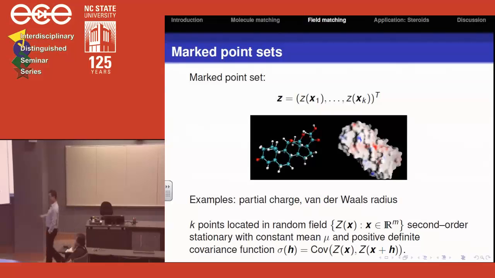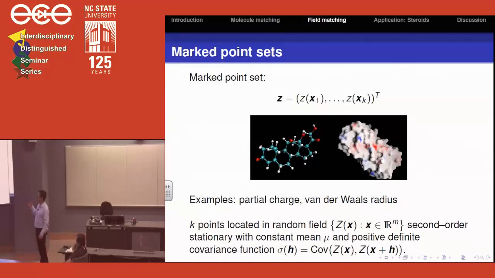is where it's the same problem, but the points now are regarded as located in a continuous field, in a random field. So I have k points located in a random field. At each point you have a measurement, which may be a charge or something else. Okay?